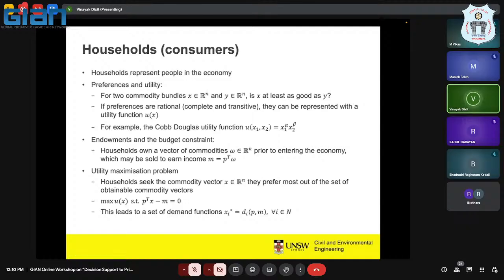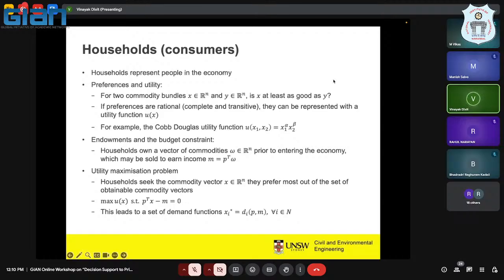The question about utility is which one would they prefer more? What we usually use is a Cobb-Douglas utility function, where we just multiply x1 raised to the power alpha by x2 raised to the power beta. What this means is that if alpha is greater than beta, let's say we are doing it by numbers only, that means people prefer apples to oranges.